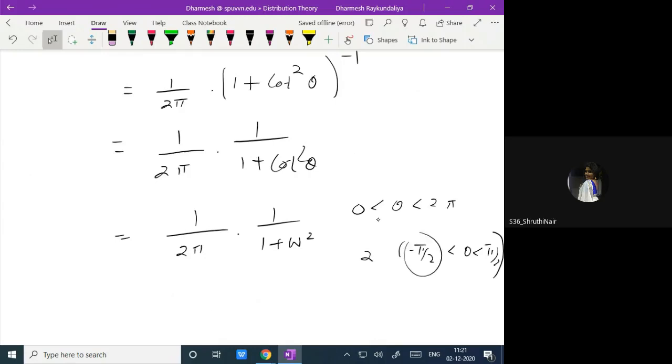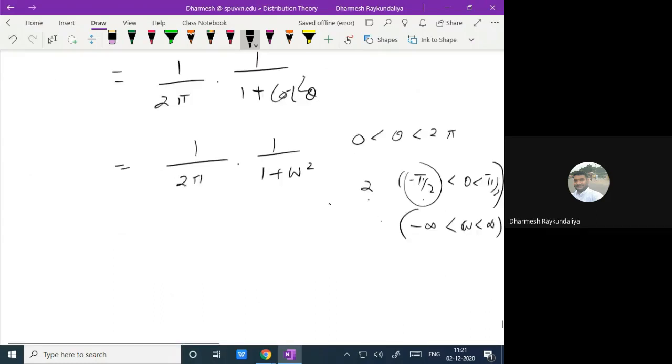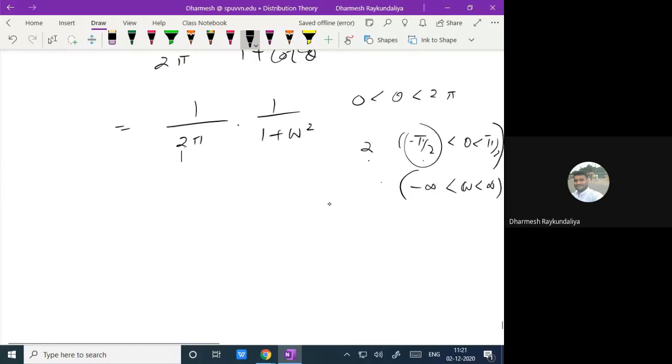And when I'm saying this is minus pi by 2, cot of minus pi by 2 is minus infinity, and this is w, this is infinity. So this twice will be cancelled with this. So we can have f of w equal to 1 upon pi into 1 plus w square.